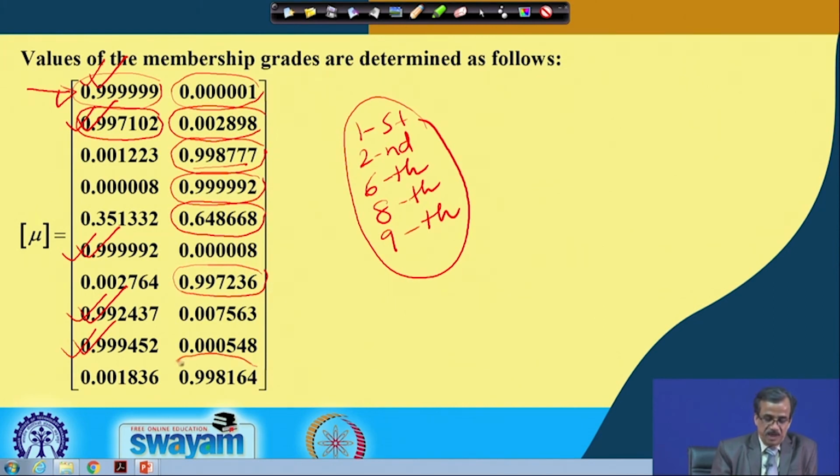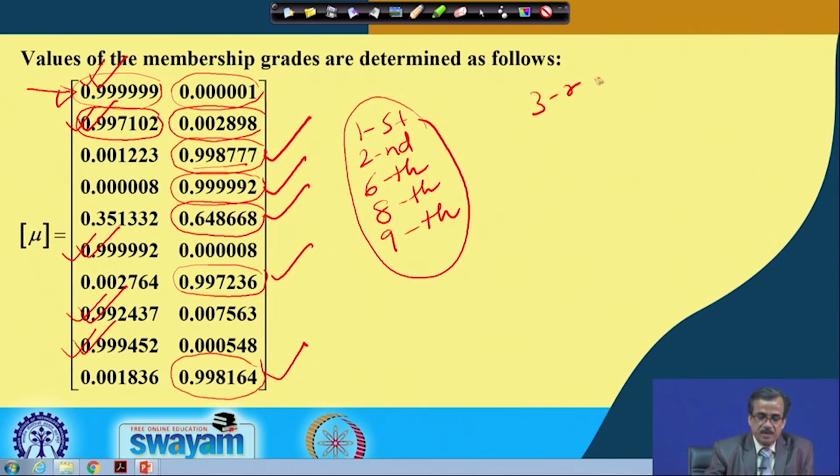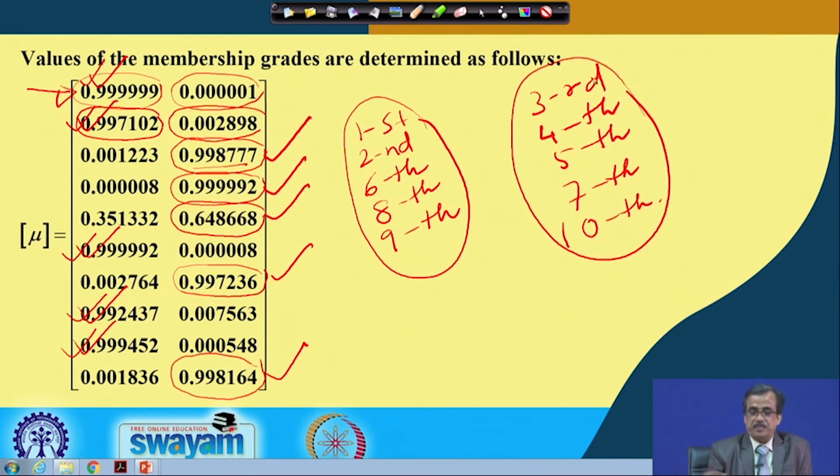This is also very near to 1 with respect to the second cluster. So, this is one point, this is another point, another point, another point. This is the third point, then comes the fourth point, then the fifth point, then 6th, 7th point, and this is your 10th point. So, this will form another group.